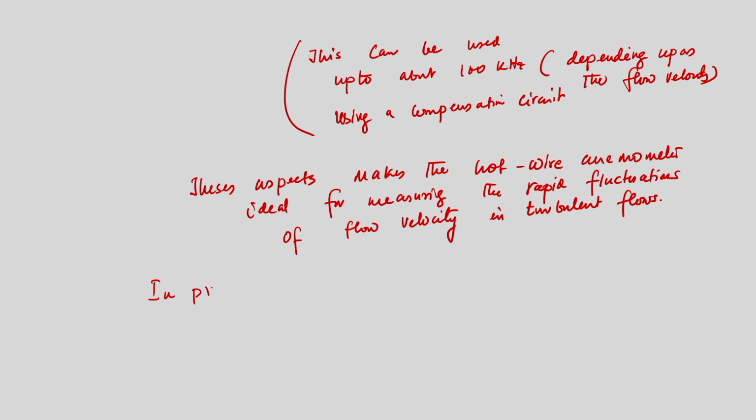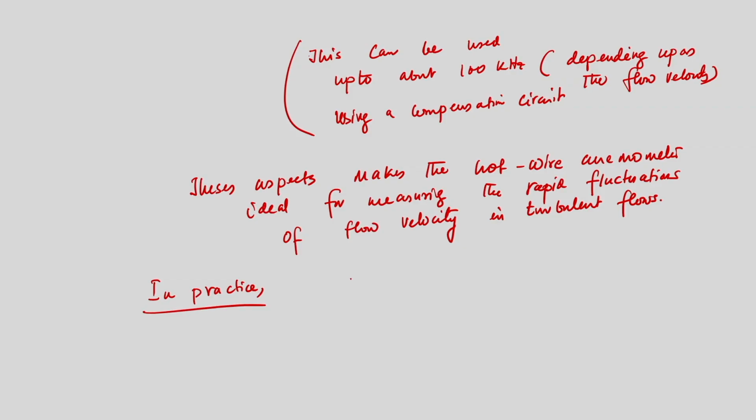So we have discussed so many points, but finally we need to know that there are a few complications, rather I can say there are many complications that have to be considered while we are using this instrument to measure the flow velocity. So in practice there are many complications.